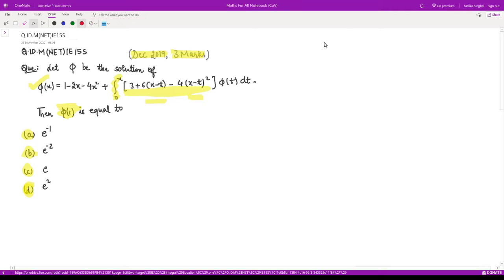Let us see how. Our kernel here in this case is K(x,t) equal to 3 plus 6(x minus t) minus 4(x minus t) whole square, right? So we can write this equation in this form.